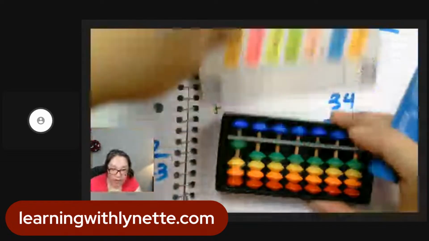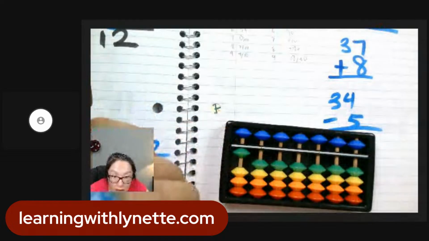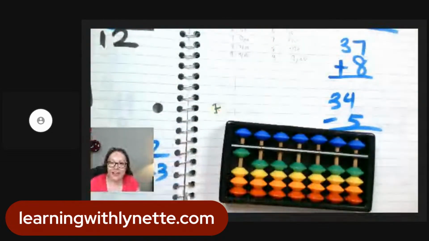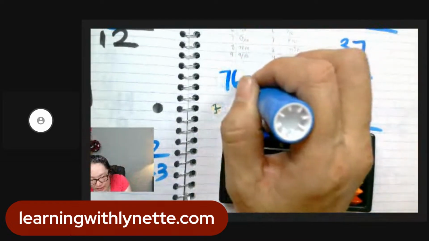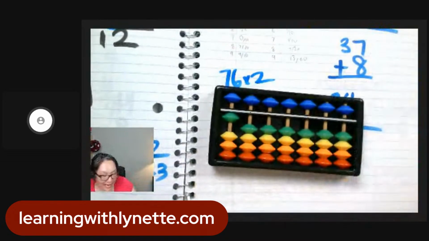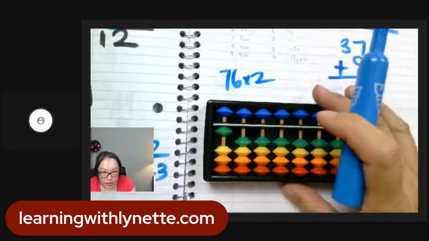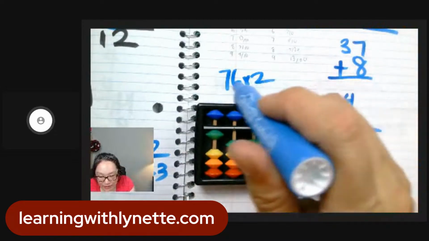There's a few things we need to understand with multiplication. Multiplication. All right. 7, 6 times that by 2. Now what's going to happen is we're going to understand where we're going to put our digits. To put our digits, we need to count the digits.